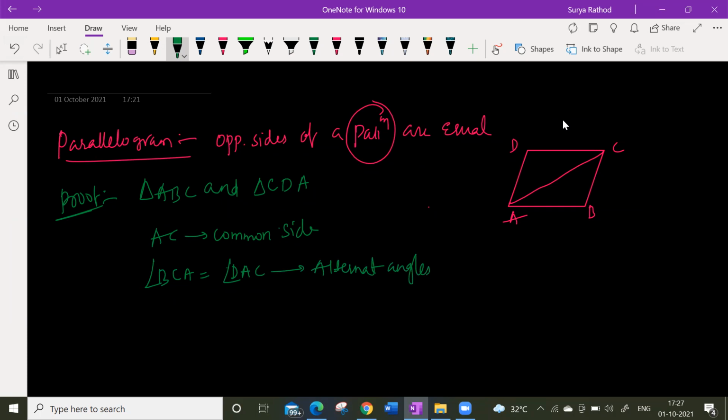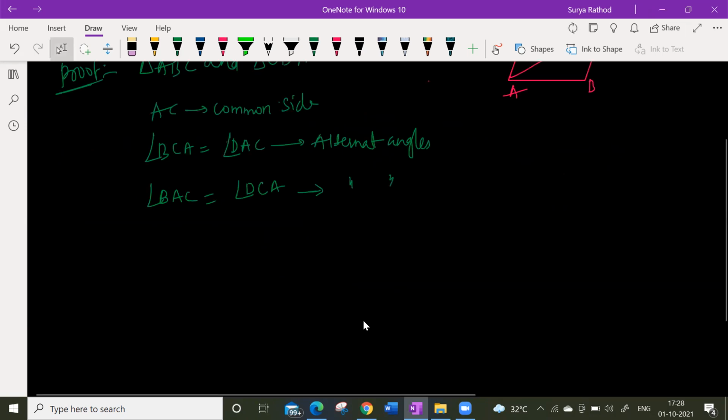Now angle BAC is equal to angle DCA. This is also alternate angles only. Now by using what rule?